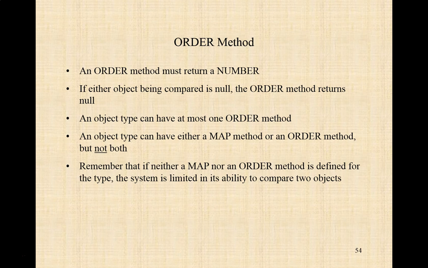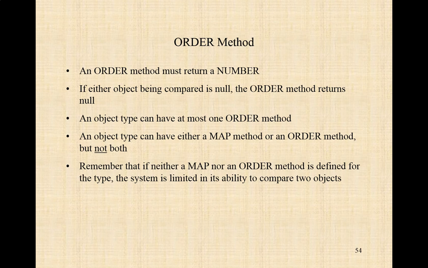If either object being compared is null, the order method returns null. An object type can have, again, at most one order method, and if it has an order method, it cannot have a map method. So you have either a map method or an order method, or you have no comparison method.